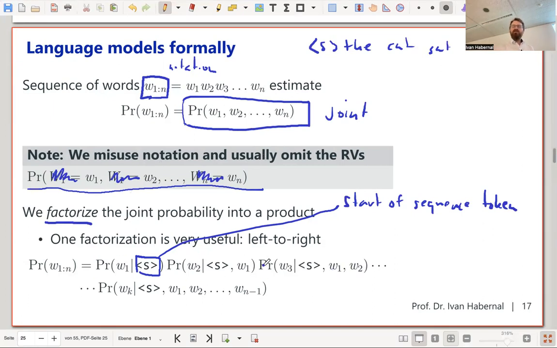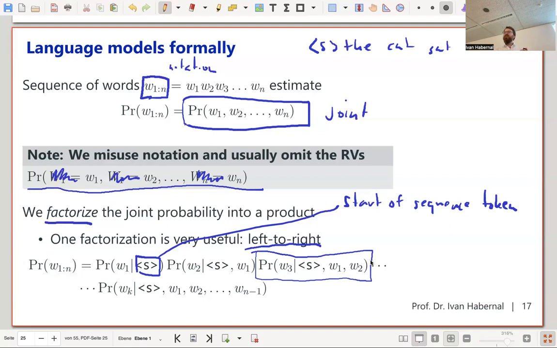So why is this useful? Why do we do it left to right? Yes. Because, for example, when using auto completion for our text, we need the probability for a third word at the third position. We don't need the probability for the last word first.